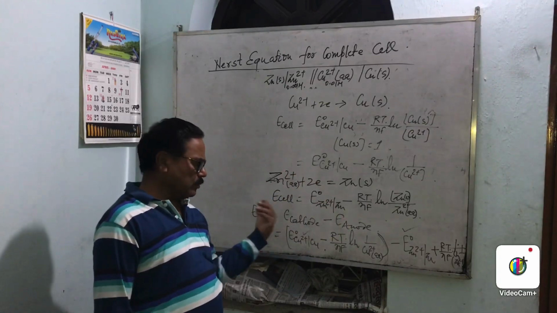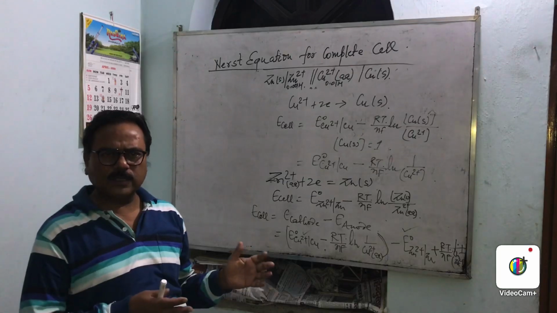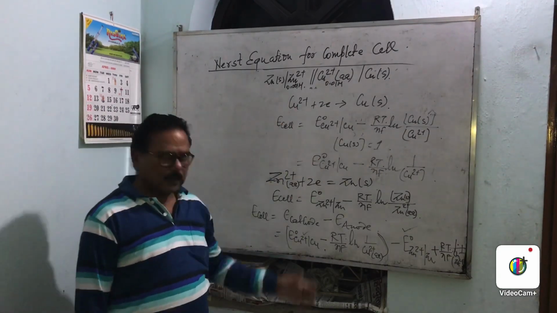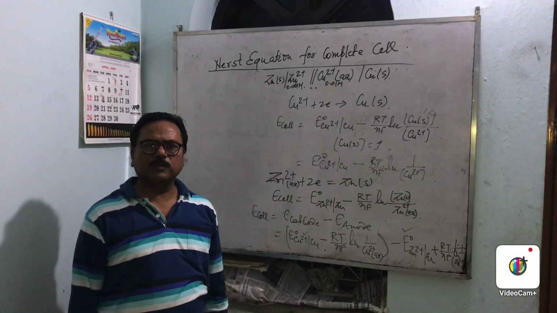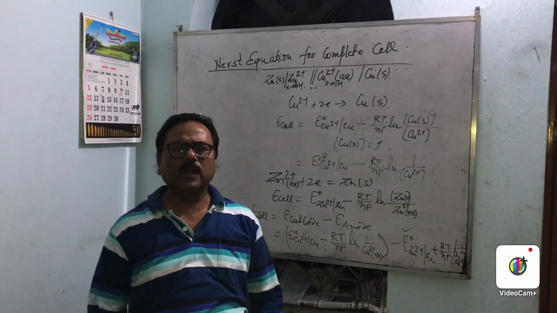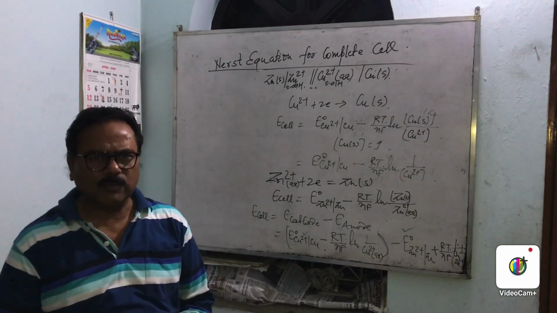Both ways are the same. This is the simplest way, directly by writing the equation. I am sure that when you calculate the E cell and solve problems on the Nernst equation, you will find it convenient.